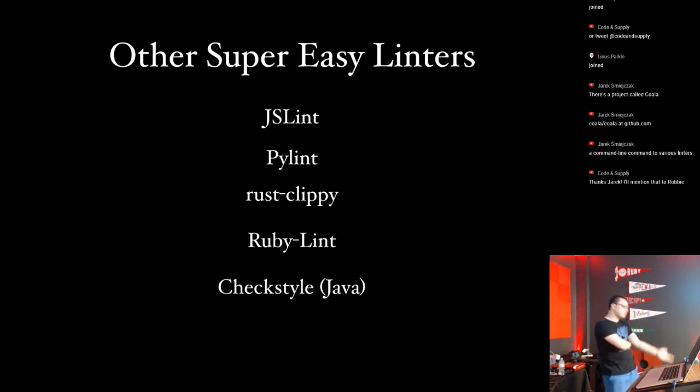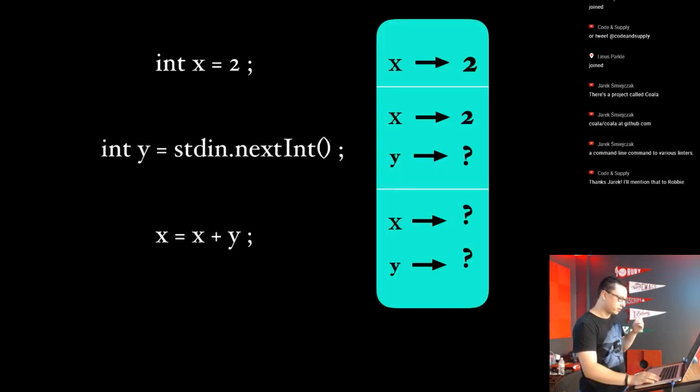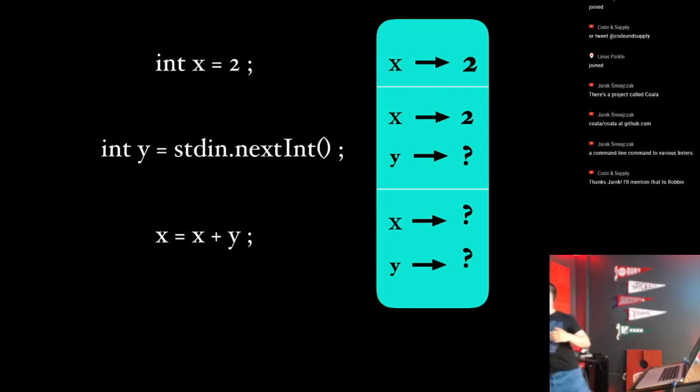So again, this gets into symbolic execution. We'll go back to this example real quick. I'll just give a real short discussion of symbolic execution. When you get to this line, y is equal to the next standard in, you can write a tool that says, okay, I'm going to assume the user is going to put in anything, anything from negative max int to positive max int, and then as I go through my code, I'm going to be tracking that now x is equal to whatever it was plus something in the range negative max int to positive max int.